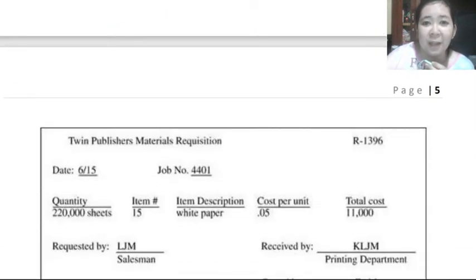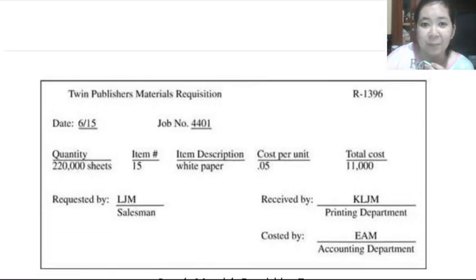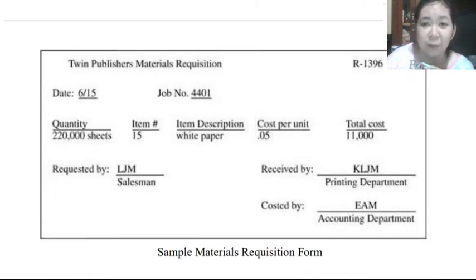So we have here an example of our materials requisition form. It shows the name of the entity. R-3096 is the specific number for this materials requisition form.